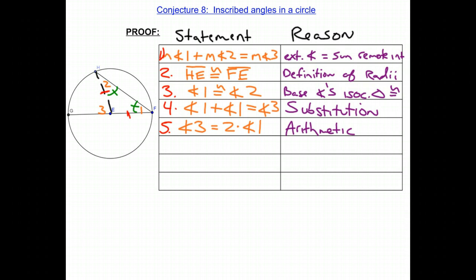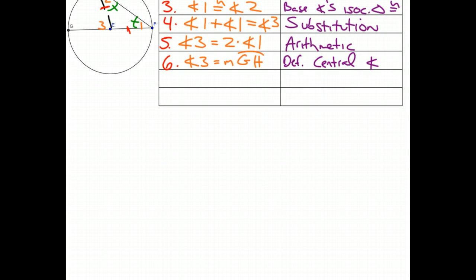So where can we go from here? Well, what do we know about the measure of angle 3? What type of angle is angle 3? Angle 3 is a central angle. What do we know about the measure of central angles? So we know that the measure of angle 3 is going to be equal to the measure of arc GH. And of course, we can say that because of the definition of central angle.